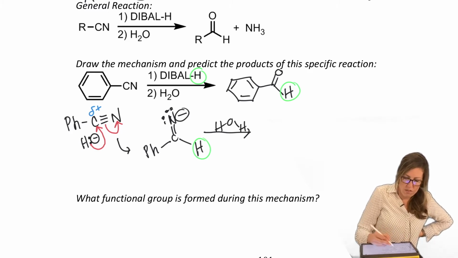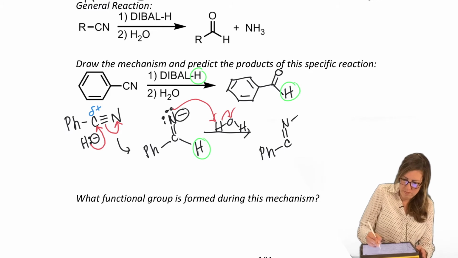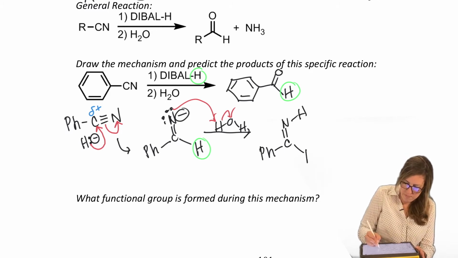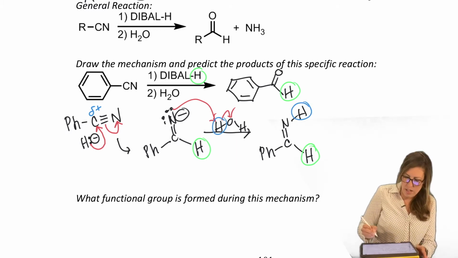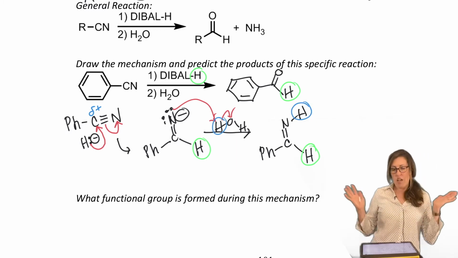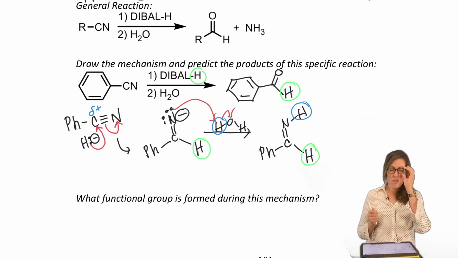And we'll relieve that poor nitrogen. Still tracking my H's, and I'm actually going to track the water one in blue. Good. So now, what's the name of this functional group?